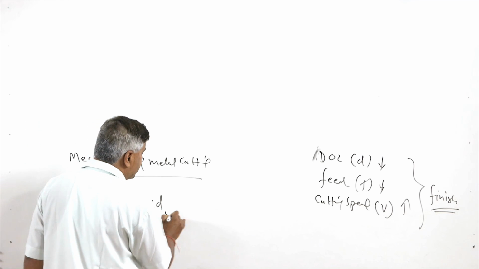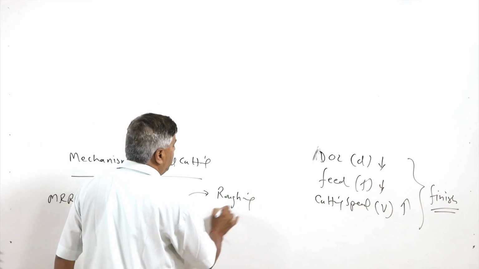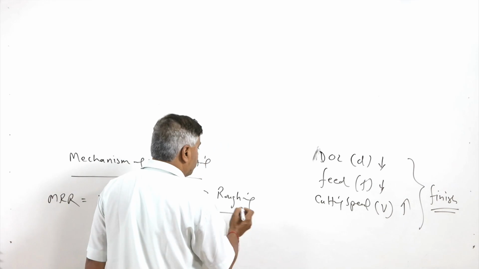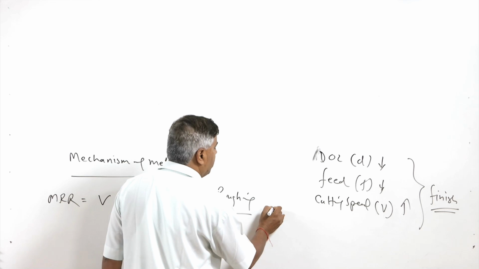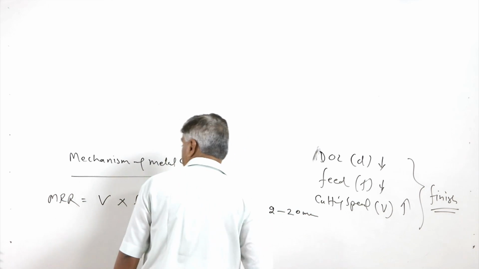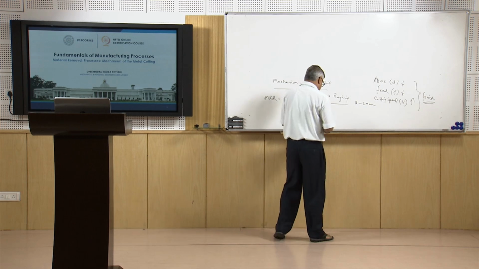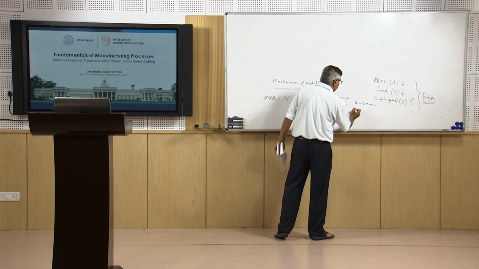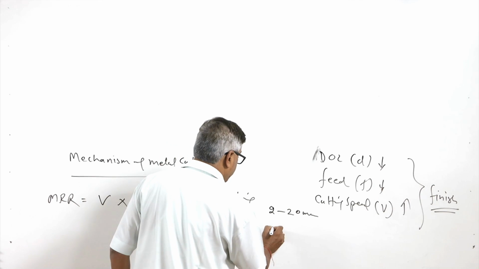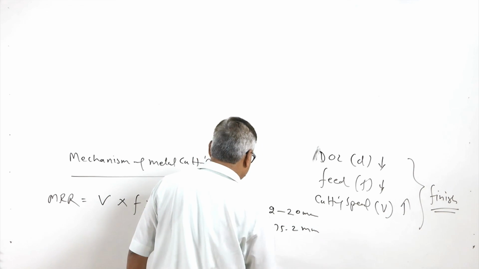Normally, for a roughing operation, when a large amount of material is to be removed, a very high depth of cut may be given, ranging from 2 to 20, while for finishing purposes its value is normally limited, and 0.75 to 2 depth of cut is given.